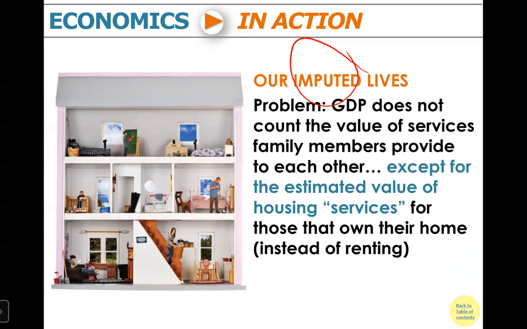But there are two scenarios. Scenario number one, we pay our son cash, right? Or we don't pay him cash, but as a reward, we offer him something else, right?